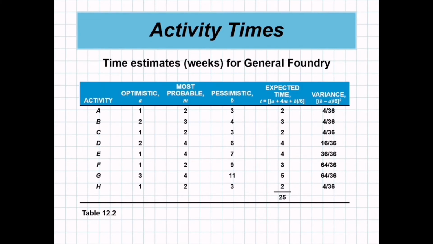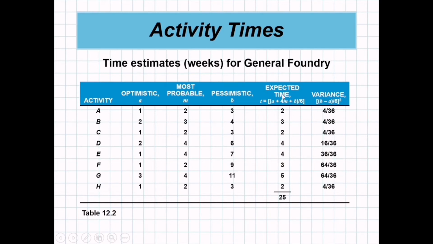So these are the time estimates for the General Foundry Incorporated in weeks. As you can see here, in column number 1, the first column, we have activity A, B, C up to H. The second column is the optimistic time. The third column is the most probable time. The pessimistic time is the fourth column.